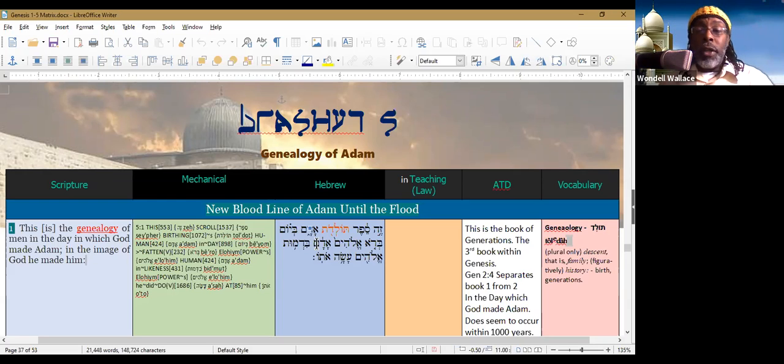Some translators have translated that correctly. The Septuagint didn't do such a great job with it, but this is the book of generations. All right? So know that when you're reading Genesis, you're reading a library of books that have been compiled together to give you the story that you now read.